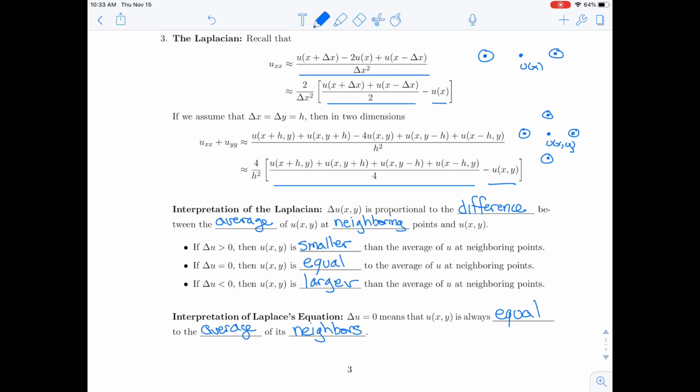And this has a further consequence: if u of xy always has to be equal to the average of its neighbors, then u of xy, if it solves the equation Laplacian u equals 0, cannot have a local maximum or minimum inside the domain.